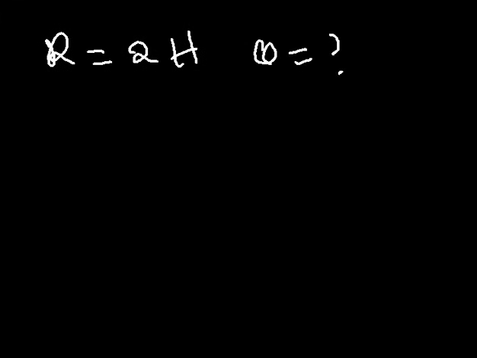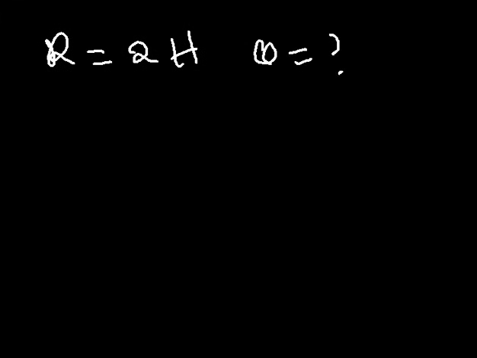Also in some cases of projectile motion, we may be given, let's say, that the range is 2 times the height it reaches, and asked to find the value of the launch angle.